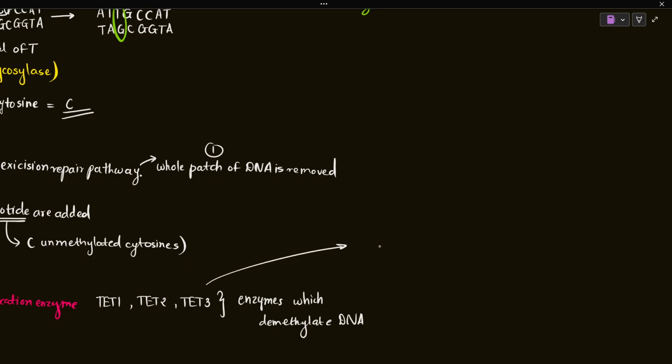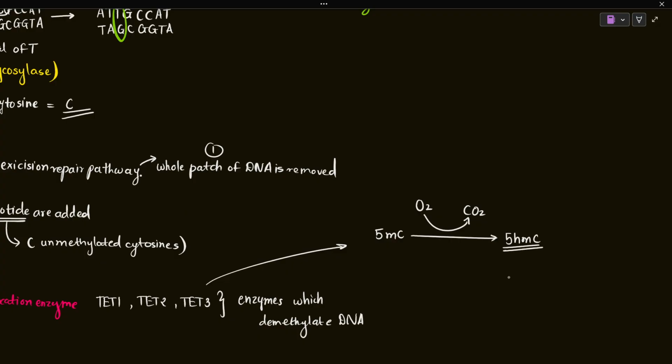Those enzymes oxidize the 5-methyl cytosine. So 5-methyl cytosine gets oxidized, the oxygen is converted into carbon dioxide, and the 5-methyl cytosine gets converted into 5-hydroxymethyl cytosine.